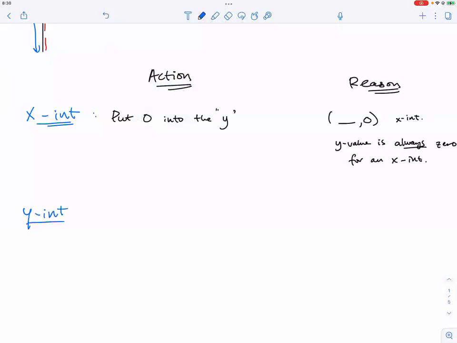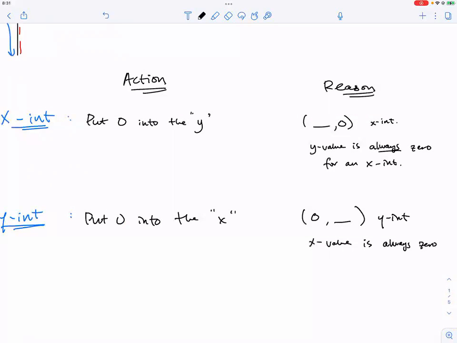And the next one is the y-intercept. If we want to find a y-intercept, what do we do? We put 0 into the x, because all the y-intercepts, the x value, is always 0 for a y-intercept.